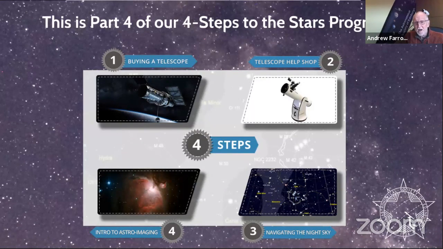In February of this year, Alan Pickup ran our Navigating the Night Sky, which is an introduction to finding your way around the night sky. Again, very well attended. And tonight is, as I said, the fourth part of that process, but we're going to have to split it into a number of parts. We suspect it to be about a half-hour session tonight.